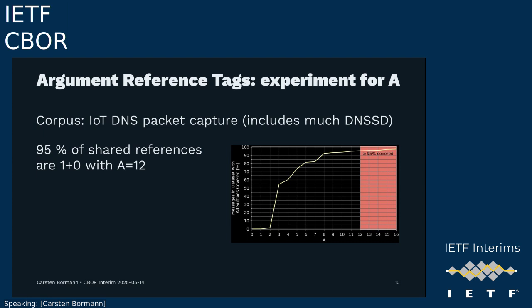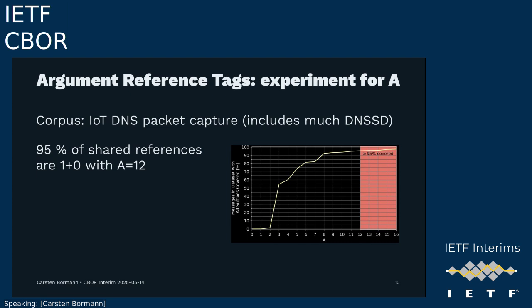Many of the packets are small because you only want to know one thing, and getting multiple responses is maybe a bit rarer than in other places, except that this also includes much DNS-SD, which tends to give you more answers for one request. I'm having a bit of a problem characterizing that, but I would take it as a pretty good reference example for something that happens in the IoT space with relatively simple devices.